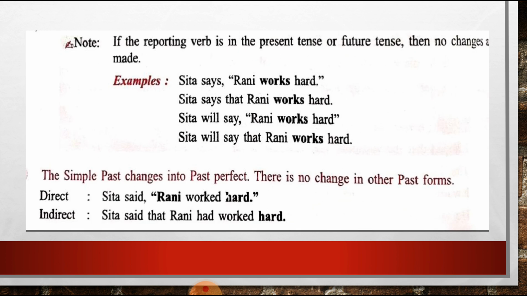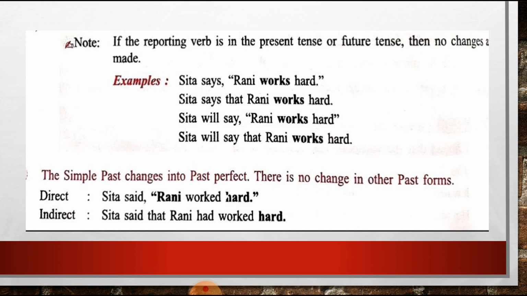If the reporting verb, that is "said", is in the present tense or future tense, then no changes are made. Let us see through examples. Sita says, "Rani works hard."